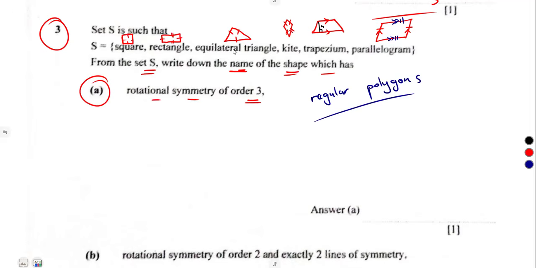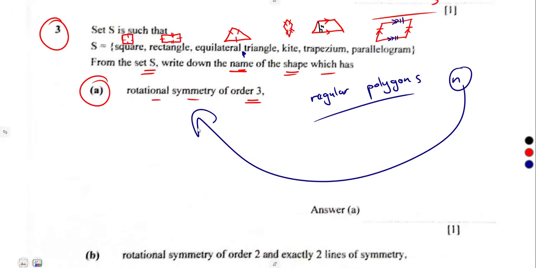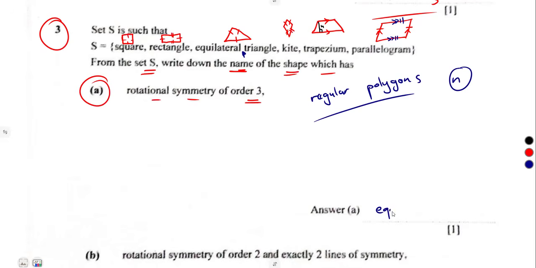So there is a regular polygon here, an equilateral triangle. All sides are equal. So that one has an order of 3. Number of sides is the order and also the lines of symmetry. So the best answer is an equilateral triangle.